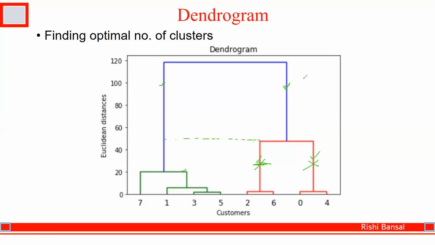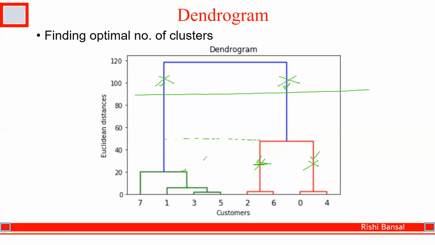Now you see that in our case, this part is the longest part of this vertical line. So we can draw a line here, meaning we have cut off this part.